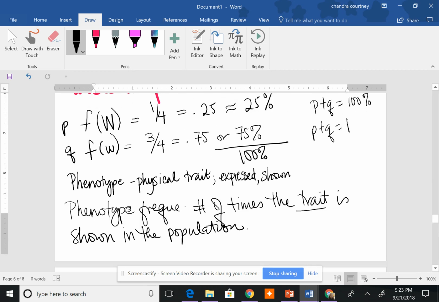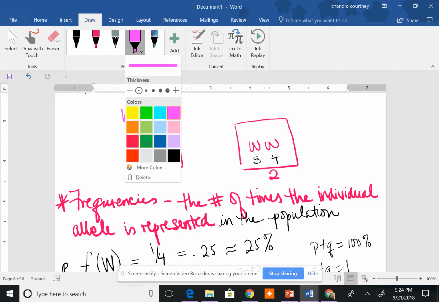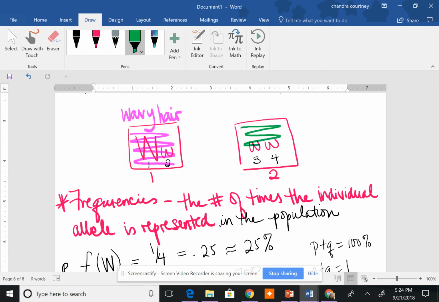So if we go back up to our people, this would be wavy hair. This one would be straight hair. Because we're thinking of the person or the individual and not just the alleles, our population is 2.